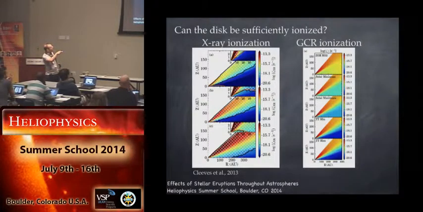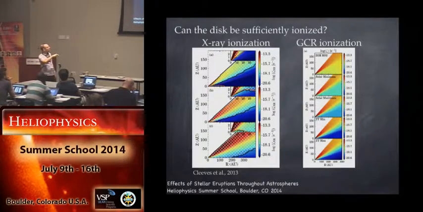And here they also estimated the intensity of cosmic rays and the amount of ionization by cosmic rays, where the plot goes from top to bottom. The magnetic field increases, you can think about it this way. So you can see that as we increase the magnetic field, this dead zone grows.